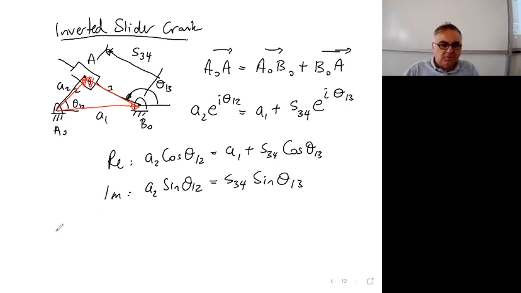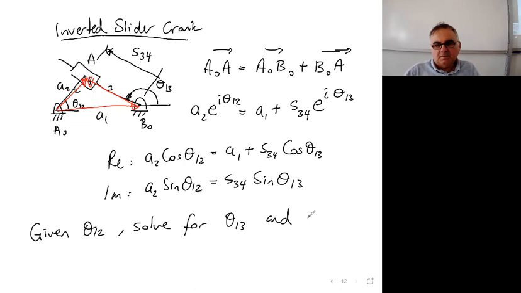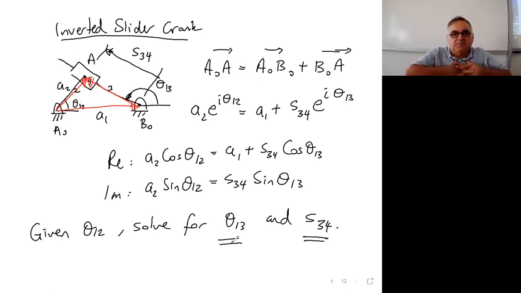Okay. So the problem is, given theta 1, 2, solve for theta 1, 3 and S34. We didn't start solving them yet. We just have formulated.